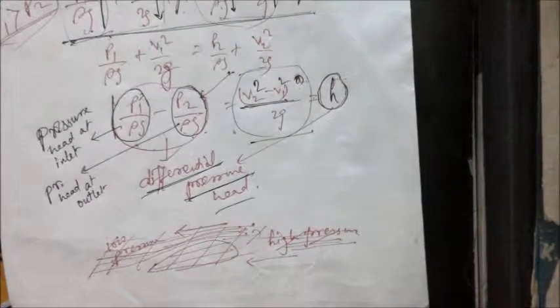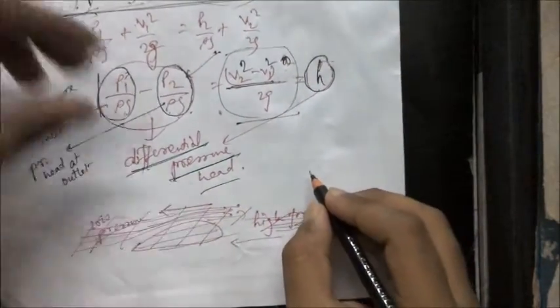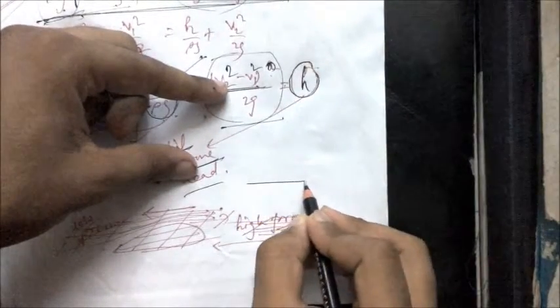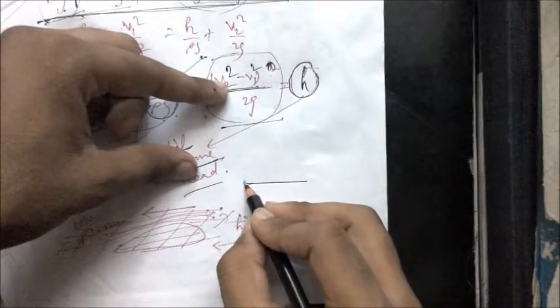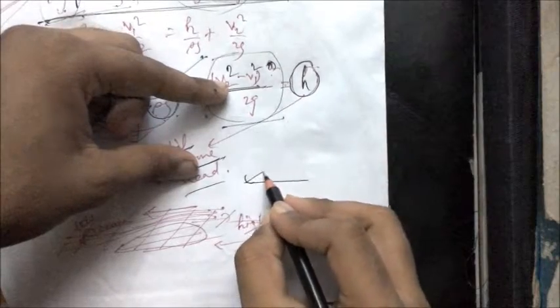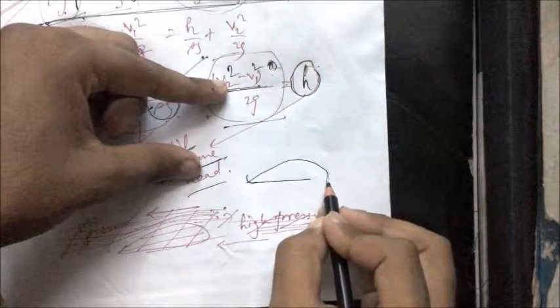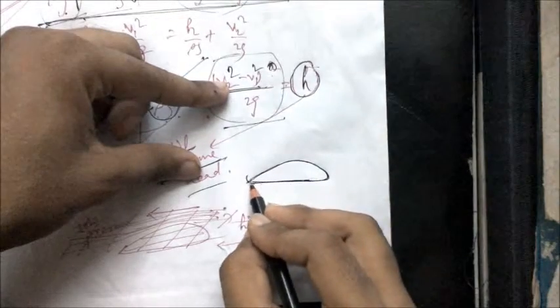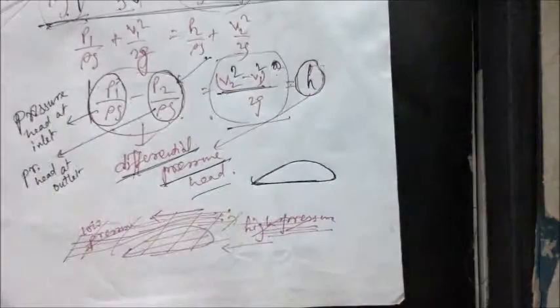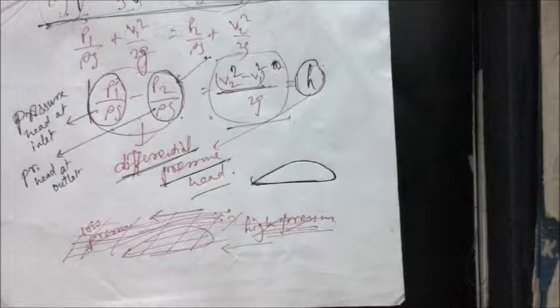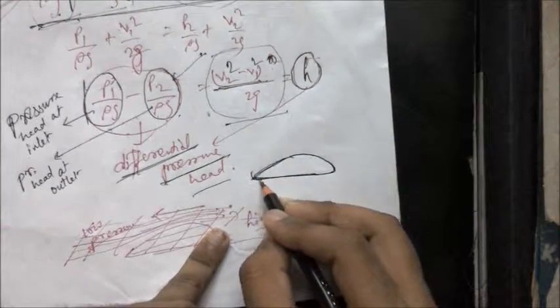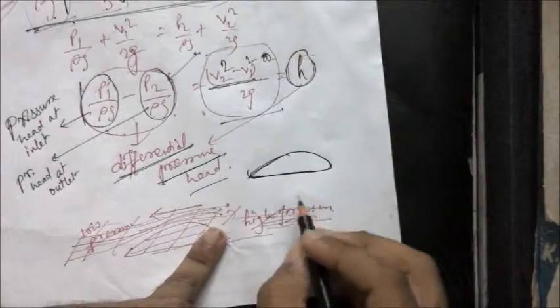It is a different chapter, but still, so that you get interested in reading Bernoulli's equation, I'm showing you. See, the wing of the aeroplane is somewhat of this shape. You see the submarines also of this shape. Why? What is the function of this shape?